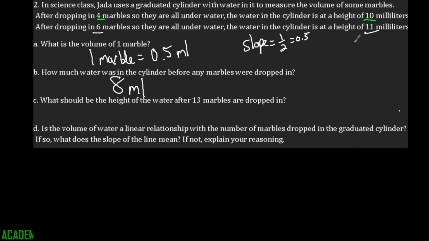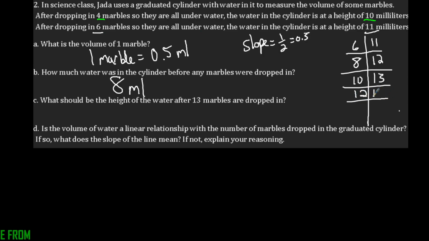So I can start from 6 and 11. Okay, so what I can do is count by 2, so I can say 8 and 12, 10 and 13, and 12 and 14.